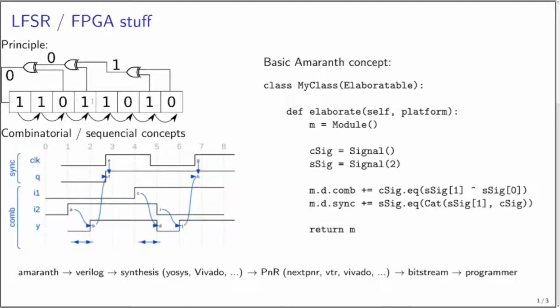The interesting aspect with this type of algorithm is to use the combinatorial and sequential concepts of FPGA. For example, a XOR is combinatorial. This means the output depends only on the input signals. There is a small delay, as shown in the lower part of this chronogram.